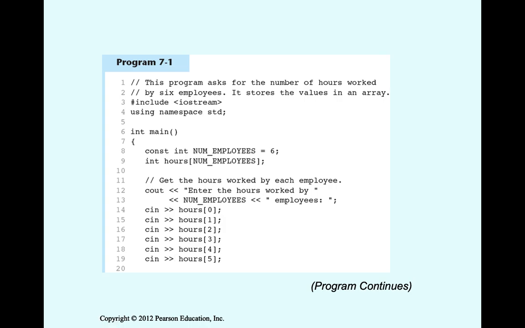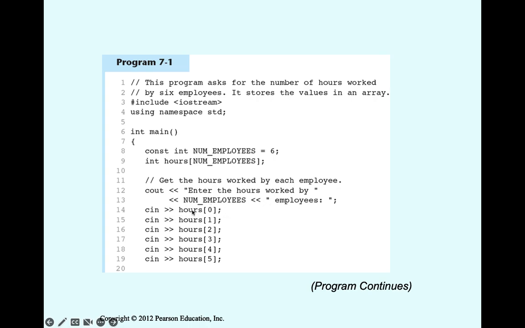Let's take one example. Here we define a constant called number of employees, 6, and then we create an array of type integer. The name of the array is hours, and it has 6 elements, so the indices will be from 0 till 5. Then we print enter hours worked by the employees.